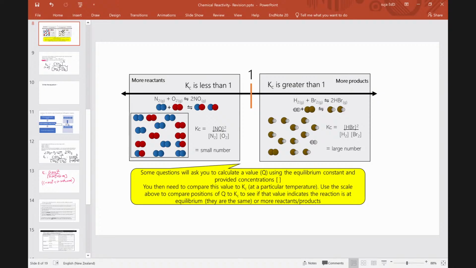But if it is more products, it is in the reverse direction. You have to be very particular, and this is only for temperature. When the temperature increases or decreases, you have to look at the enthalpy of the reaction, whether it is an exothermic or an endothermic reaction.